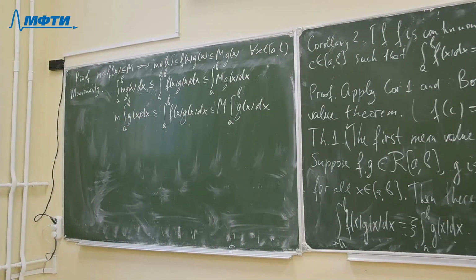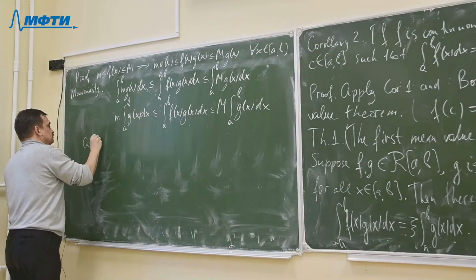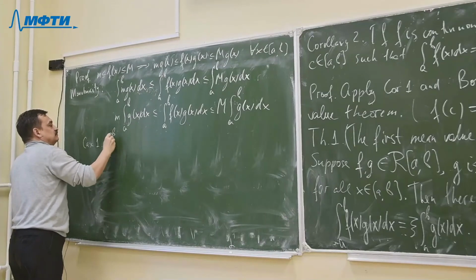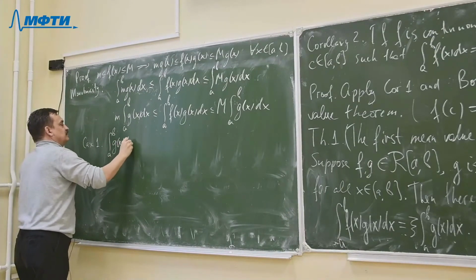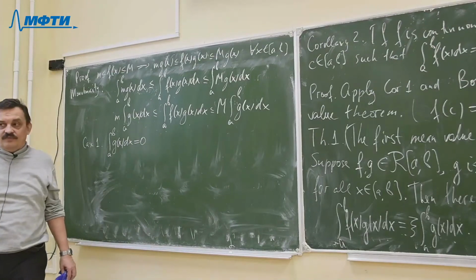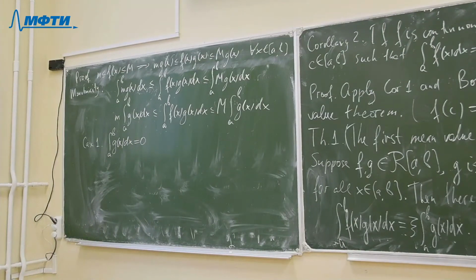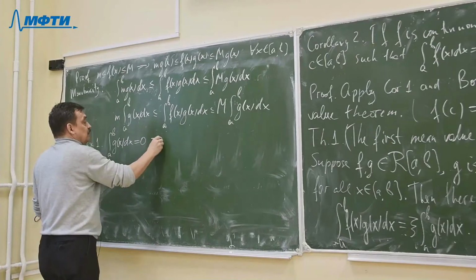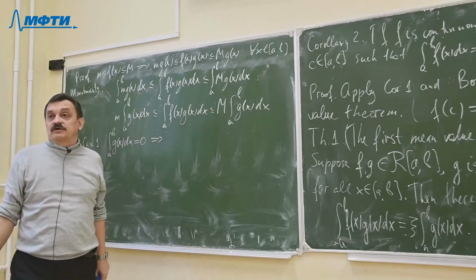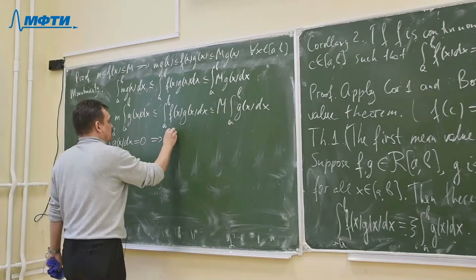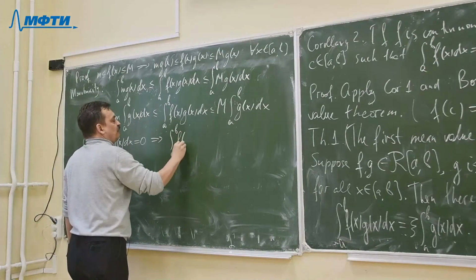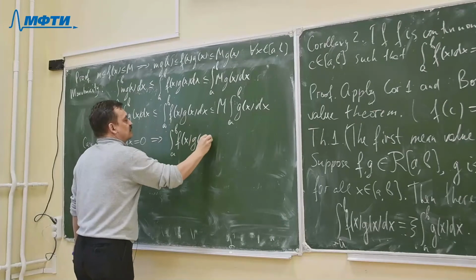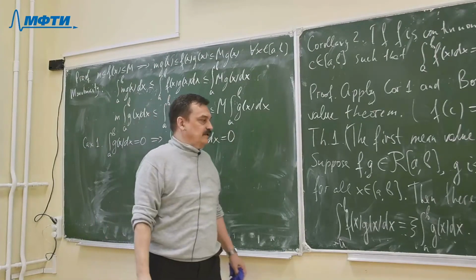Now, we should consider two cases. Case 1: the integral of g of x dx equals 0. And the function is non-negative, right? So what follows from this equality? It follows that the integral of f of x g of x dx equals 0 as well, right?